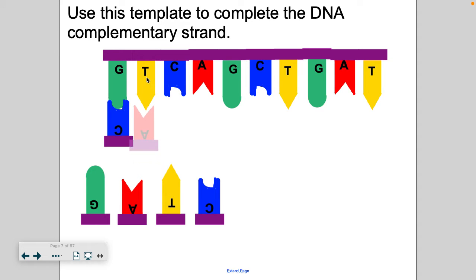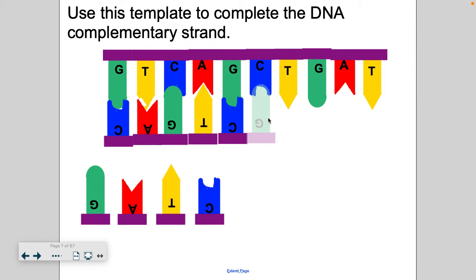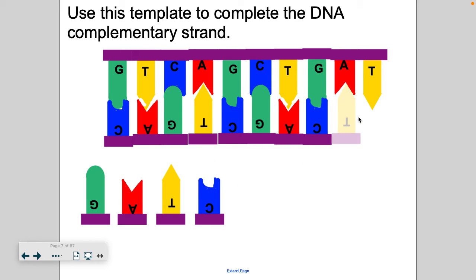T pairs with A. C pairs with G. T pairs with A. G pairs with C. C pairs with G. T pairs with A. G pairs with C. A pairs with T. And T pairs with A. There we go. Look at that, guys.